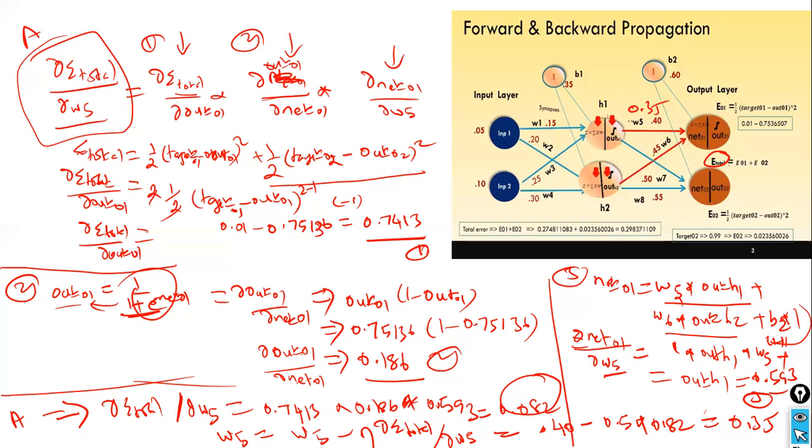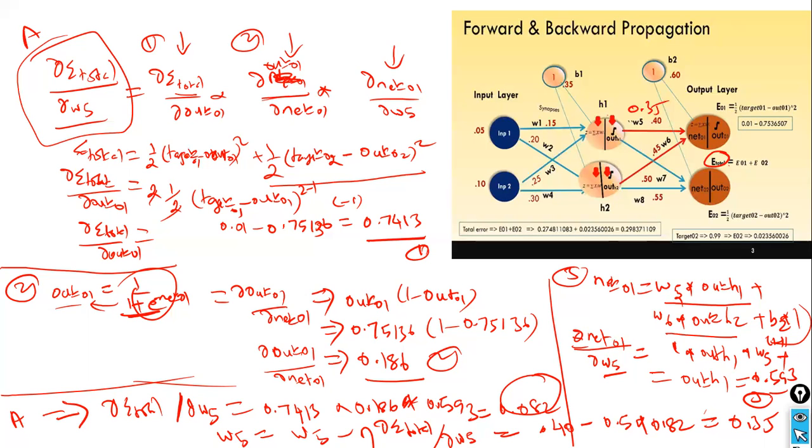Got it? This is very simple. I just simplified this one. See, this total is depending on out one, because we are getting the predicted value from out one only, because in out one the activation function is applied on this one. Once the activation function is applied, it will give us the value, which in this case is 0.753.